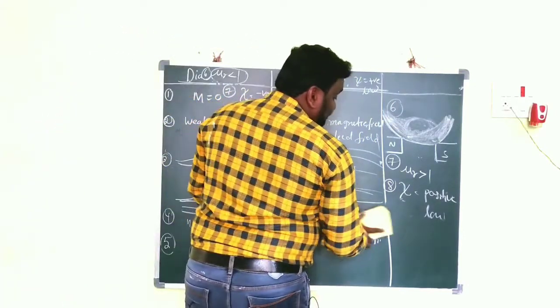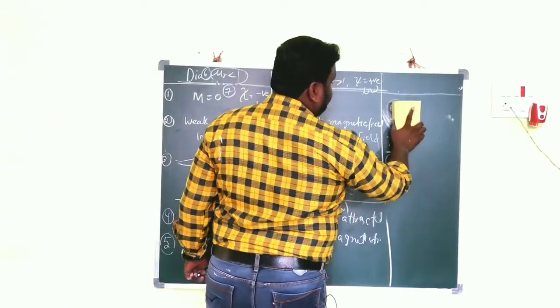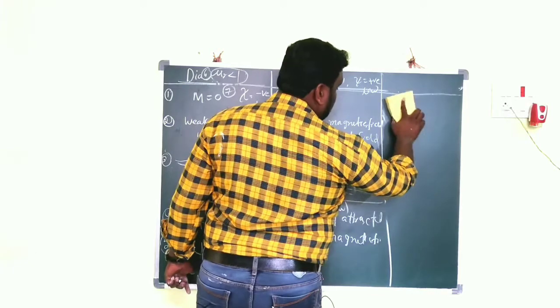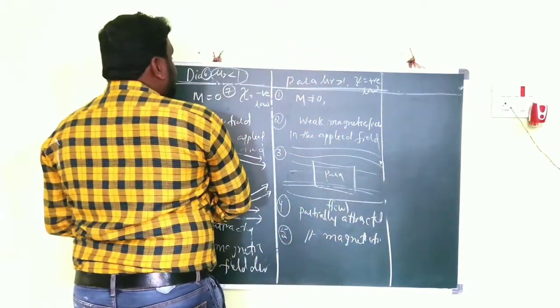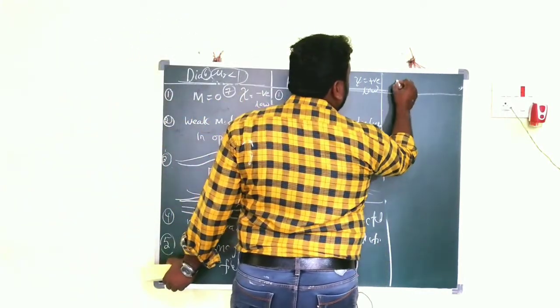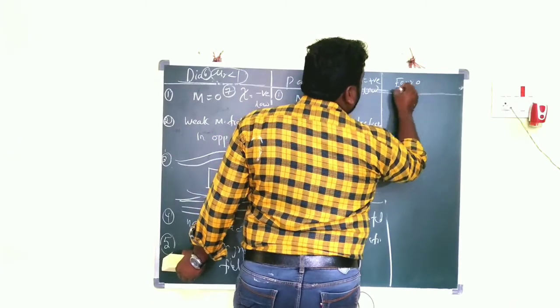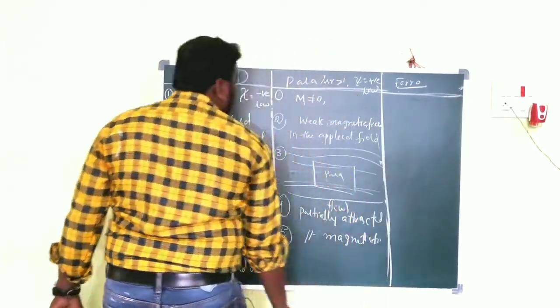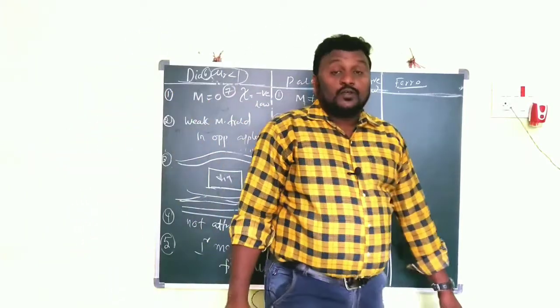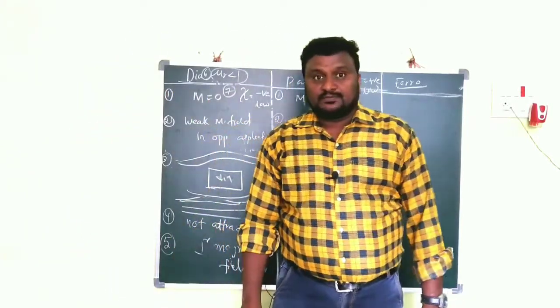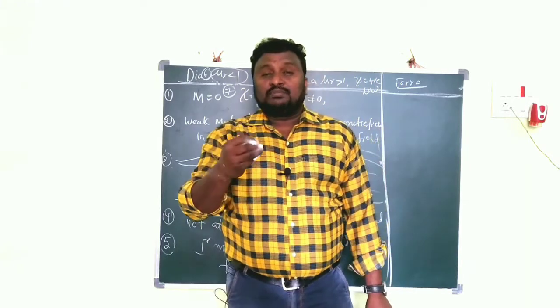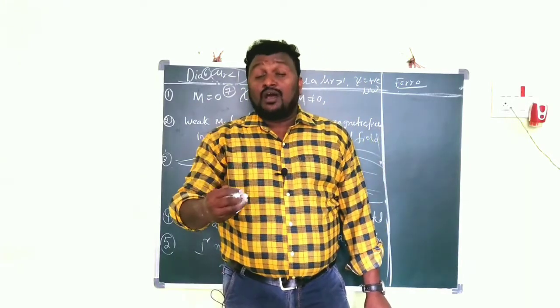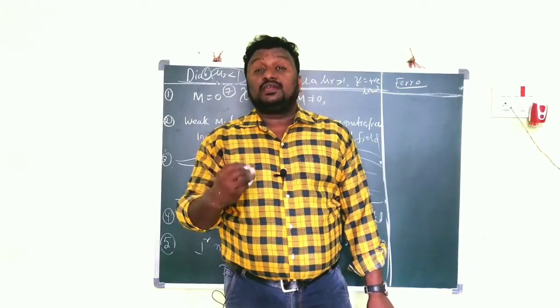And next, children, ferro. This is one of the very interesting ones, ferromagnetic substances. Ferromagnetic substances are magnetic materials which have the highest value of magnetic moment.